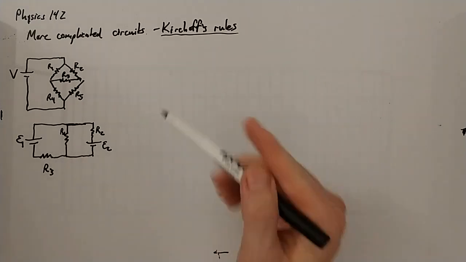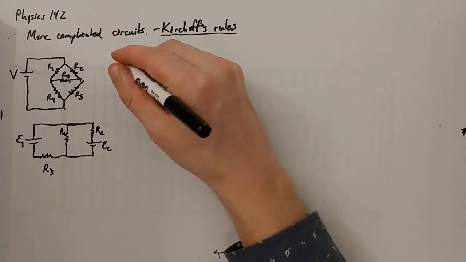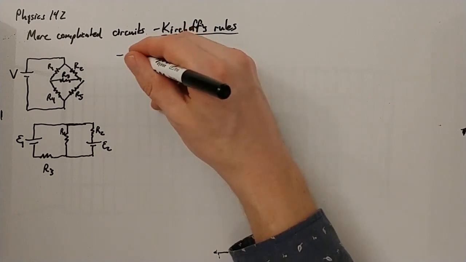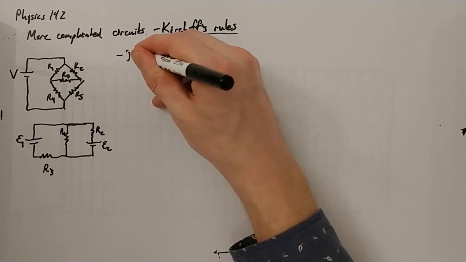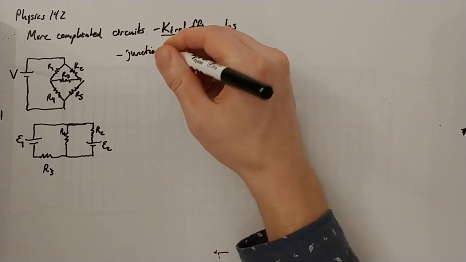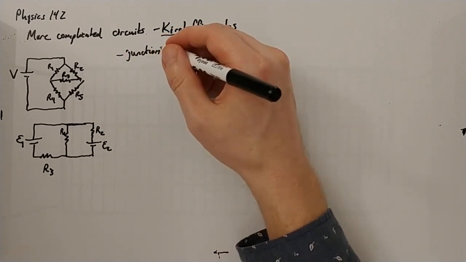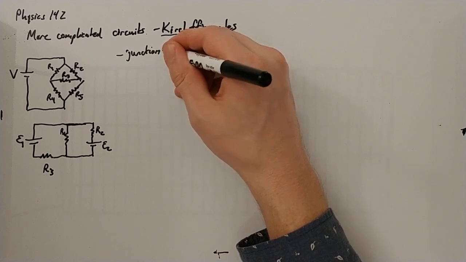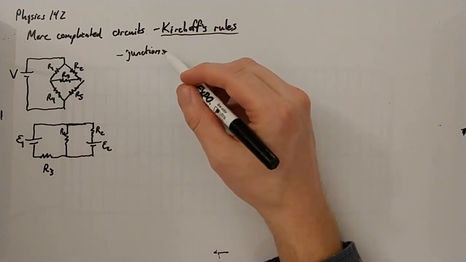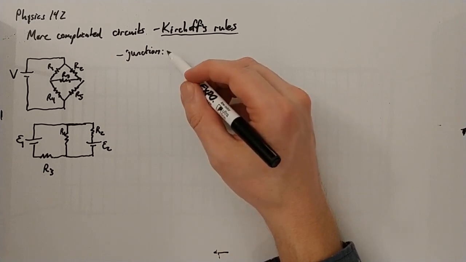Let's define loops and junctions and see how those can be useful to us. A junction in a circuit is any point where 3 or more conductors come together. In other words, where 3 wires or more meet.